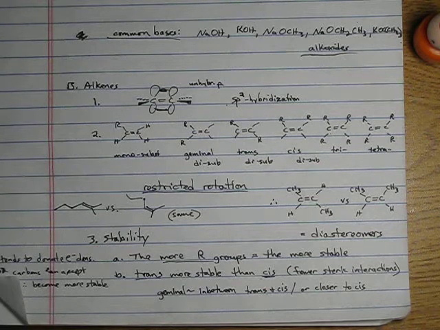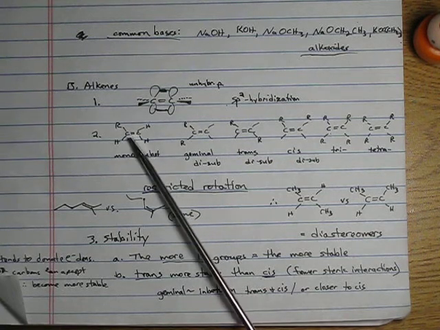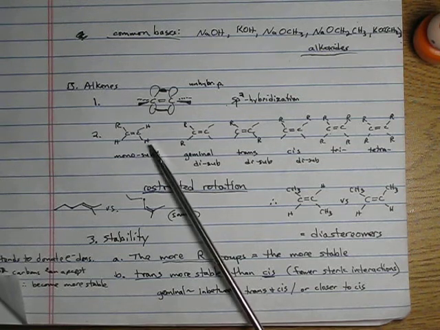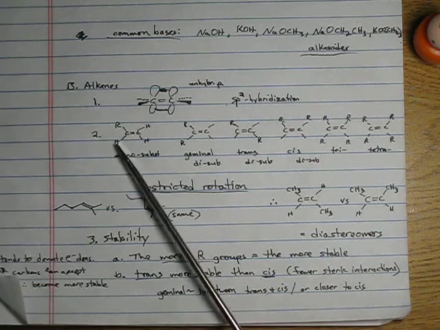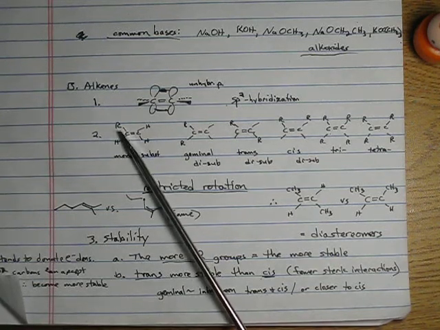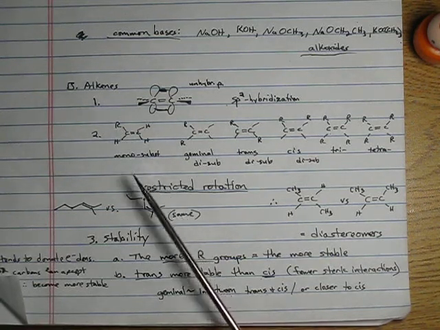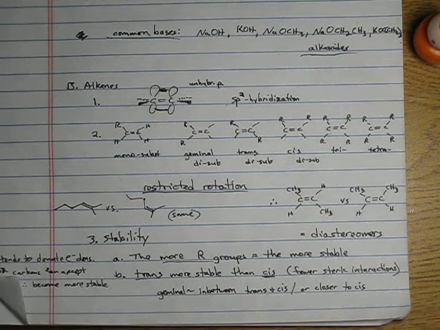In terms of stability, if we have a carbon-carbon double bond where one carbon has two hydrogens on it, the maximum it can have if it's double bonded, and the other carbon has one hydrogen and an R group, this is mono-substituted. This is going to be the least stable of our alkenes.